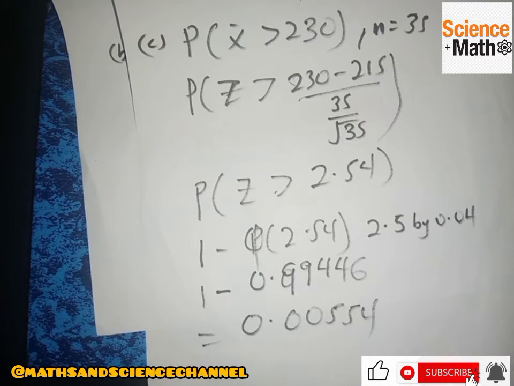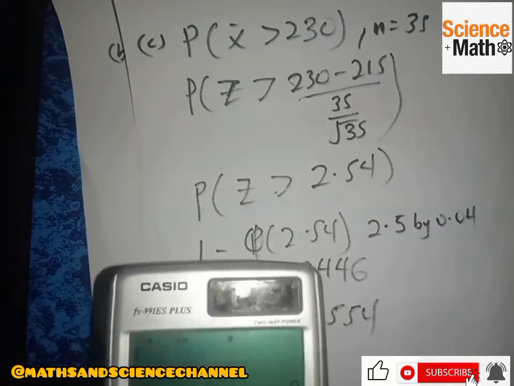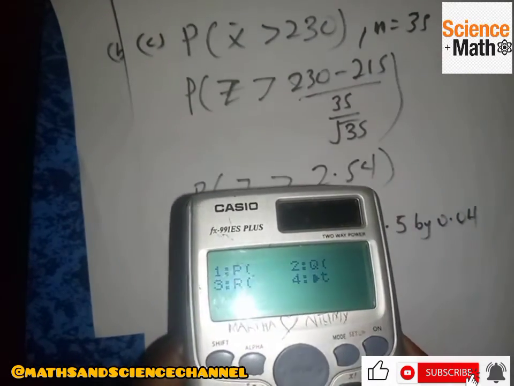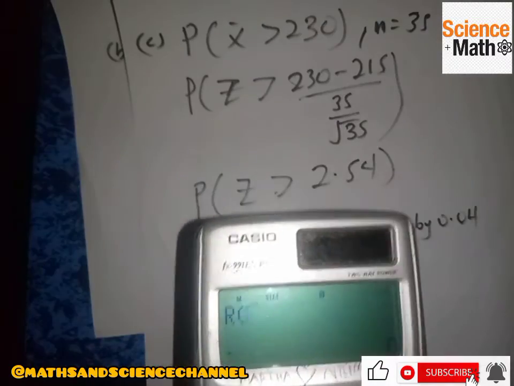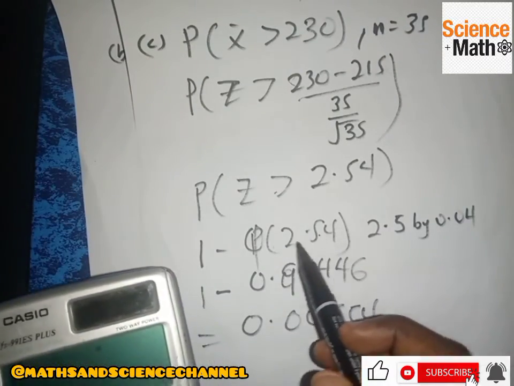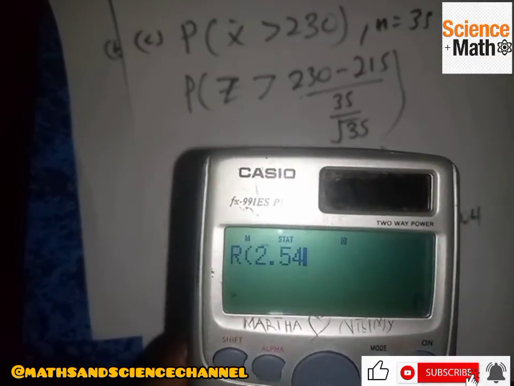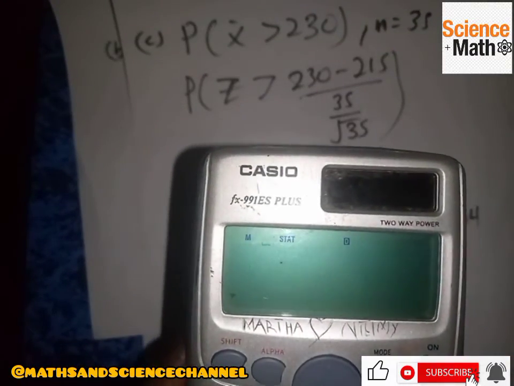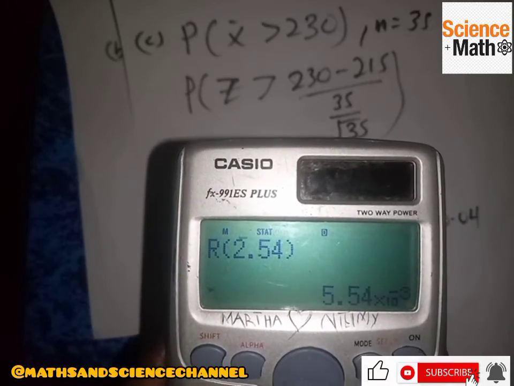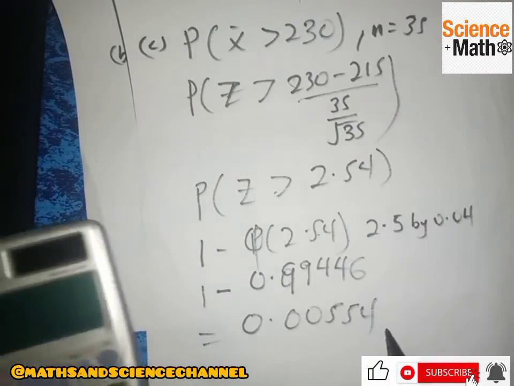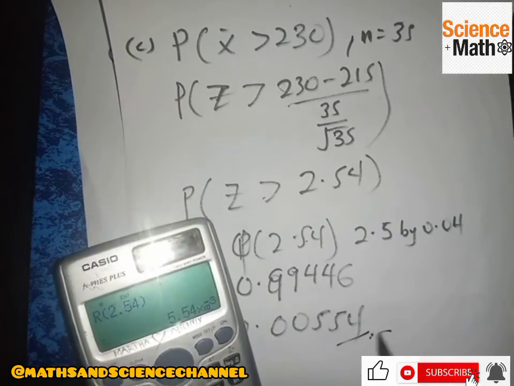So we can still use the calculator in doing this. Then again, we use the R. So we go to 5 distribution, and then we use R, and then remember it is 2.54 since it is still greater, so 2.54 in this case, and then we have this to be 0.00554, as you can see over here.